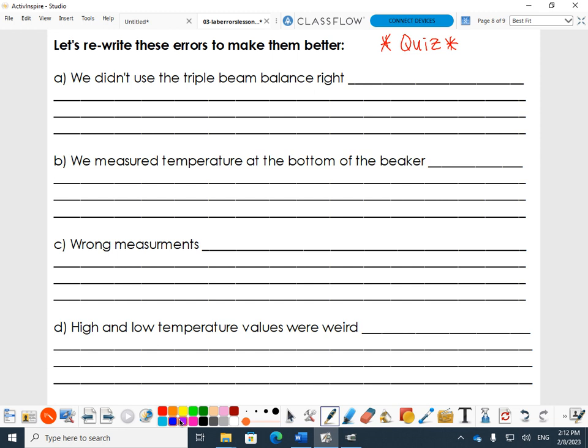So the first one, the triple beam balance, if you remember, and maybe even grade 9 teachers are like, you know what, we're not going to do that anymore, because the triple beam balance is where you move the thing across and it moves the weight and measures it.